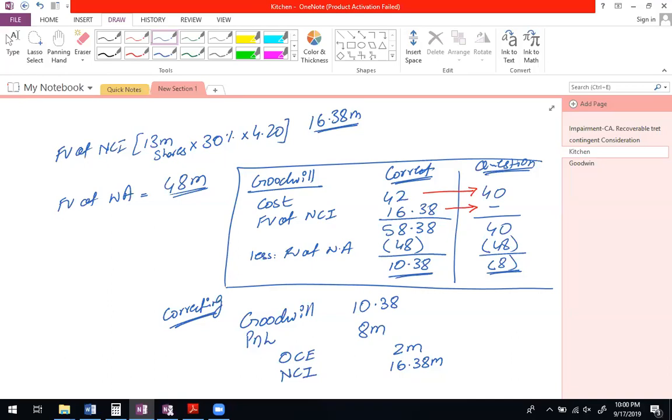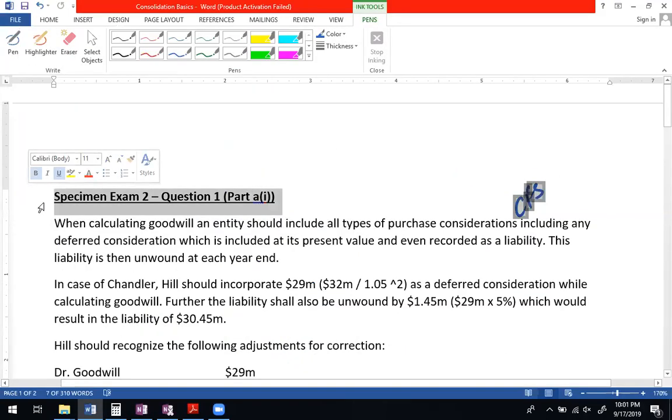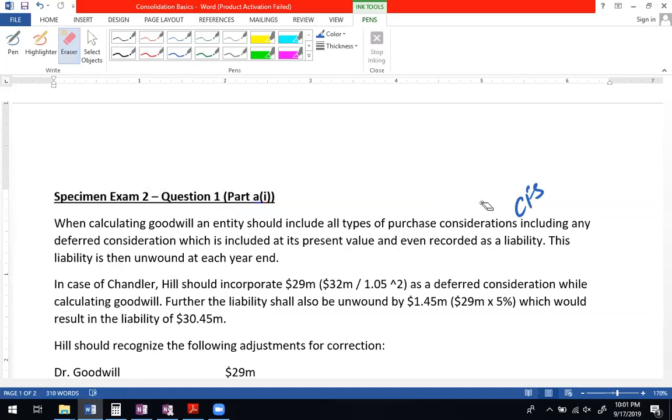So this is what we are now going to write in the theoretical form. So if I go to my Word document to write it down, and this is specimen 2.